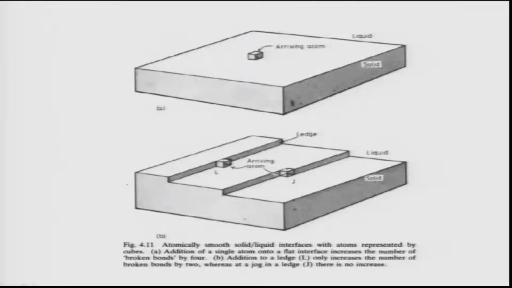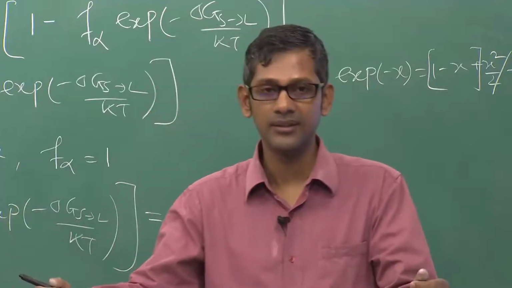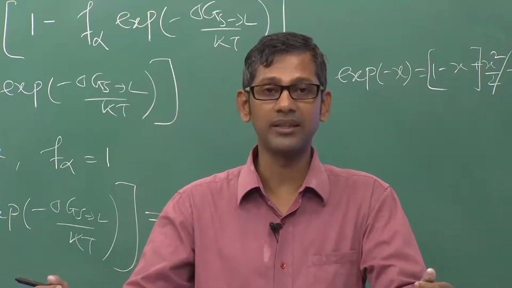Well, let us suppose, this is again taken from Porter and Easterling, I have a solid and a liquid, and the interface is kind of flat. As the interface is flat, if an atom from the liquid jumps and sits on the surface of the solid, it will only satisfy one bond. Suppose this cube is considered to be an atom, and for all bonds to be satisfied, all 6 sides must be attached to something, right?